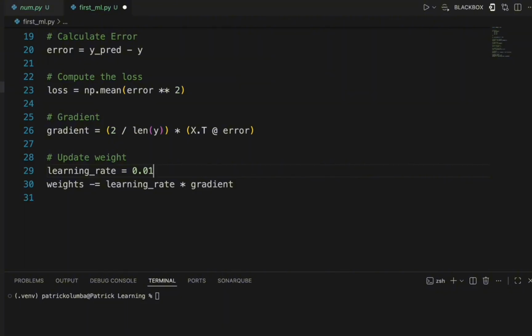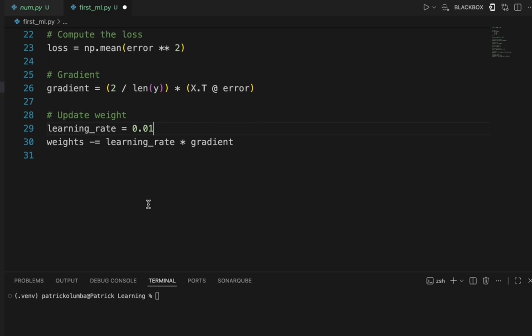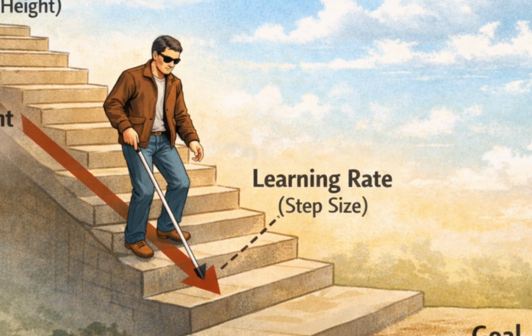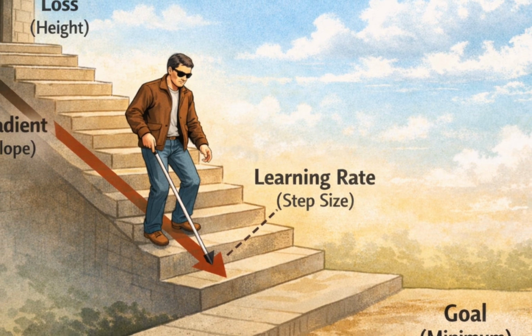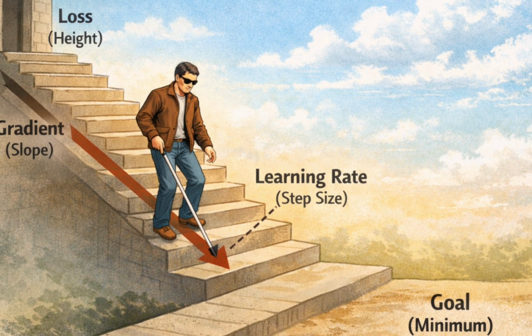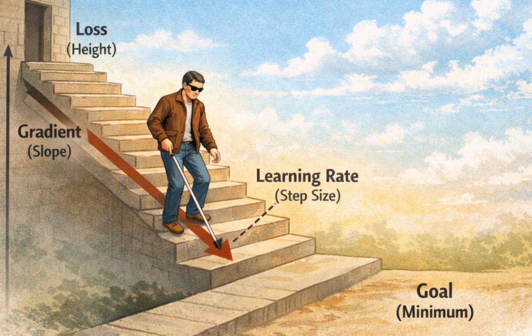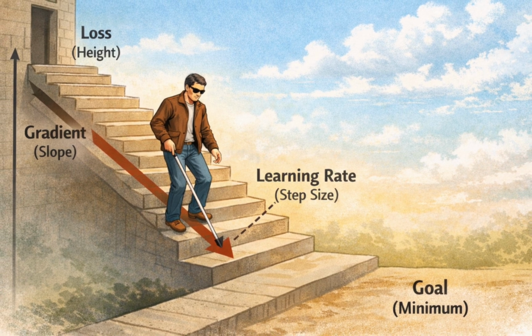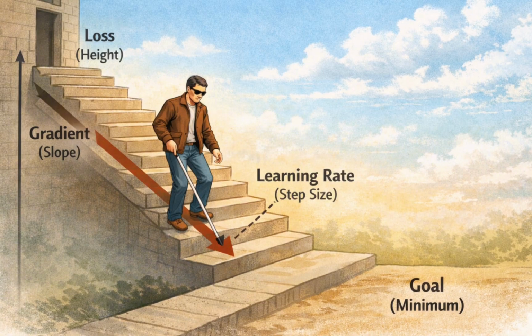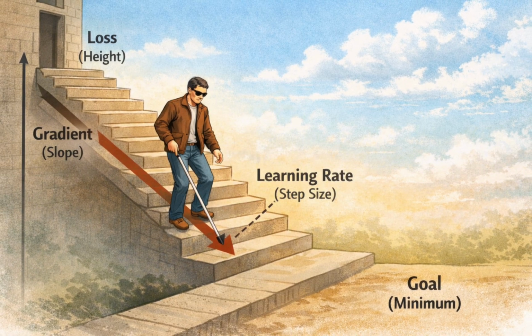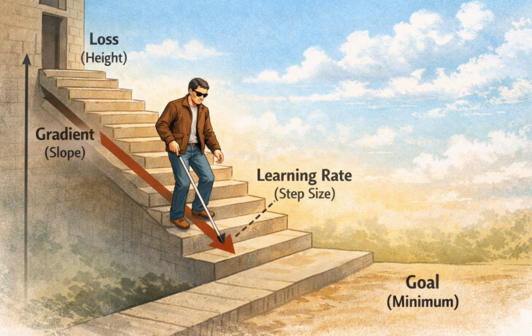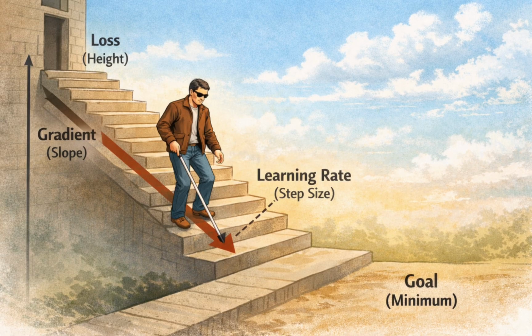Okay, and let me give a real life example. Just imagine a blind man trying to come down from a building, right? We have the stairs, and he's holding a stick and trying to come down. His eyes are closed, so he doesn't know what step to take. The height from the top to the bottom is the loss.